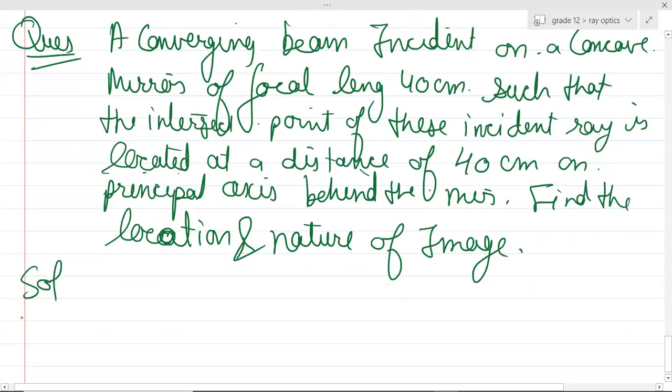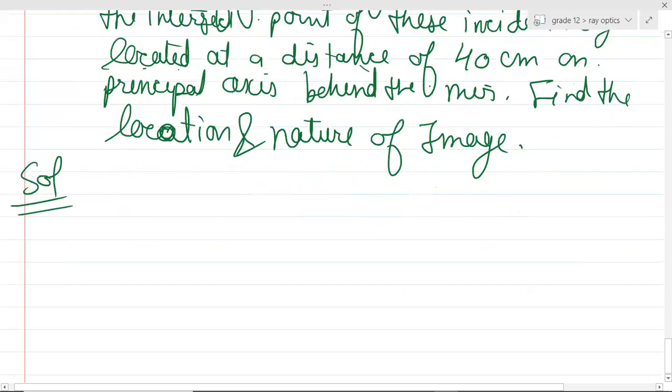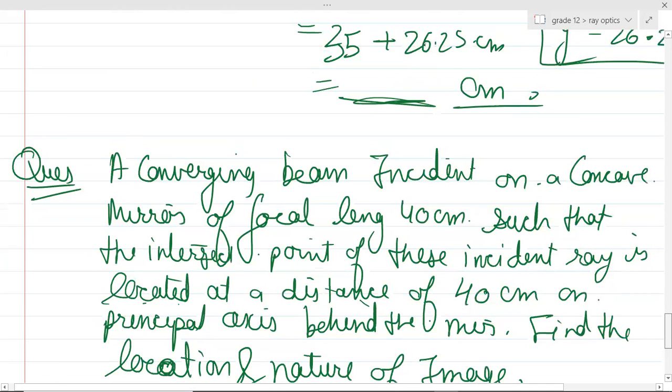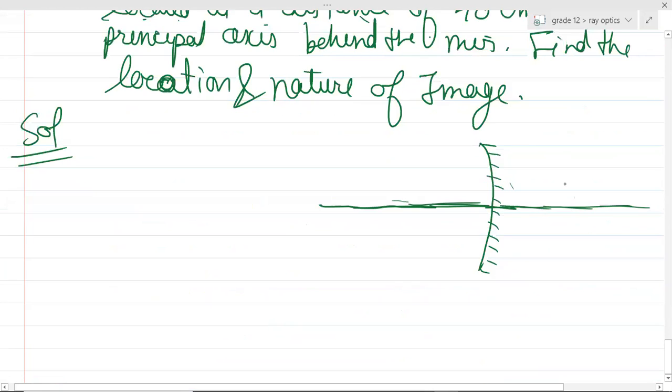So basically it's a question for virtual object. They have given you a concave mirror, and this question is from NCERT, in the school syllabus. They have not used the term virtual object, very cleverly, right? But they have given that there are two incident rays which are incident on a mirror.